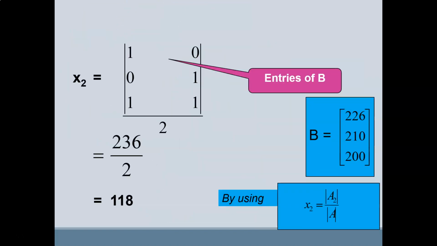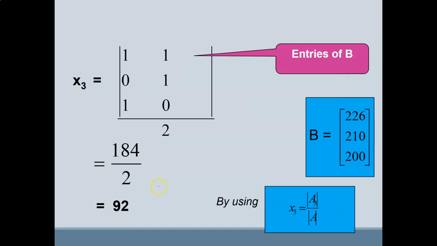Next we need to find X2, the price for the maths book. You replace matrix A's second column with B, then find the determinant of matrix A2 and divide by the determinant of A. So you get X2 equal to 118.